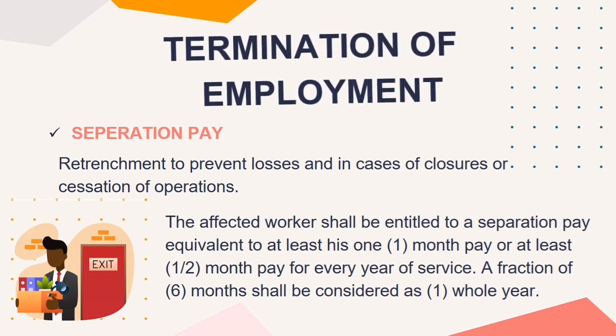So again, class, separation pay for retrenchment to prevent losses, or in cases of closures or cessation of operations: the affected worker shall be entitled to a separation pay equivalent to 1 month pay or at least half month pay for every year of service, and a fraction of 6 months shall be considered as 1 whole year.